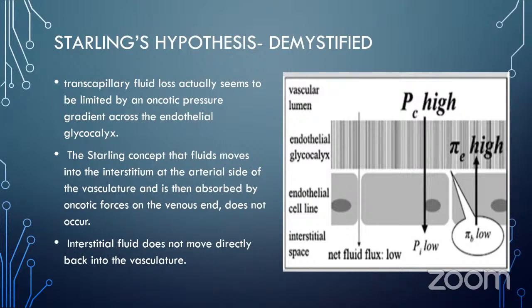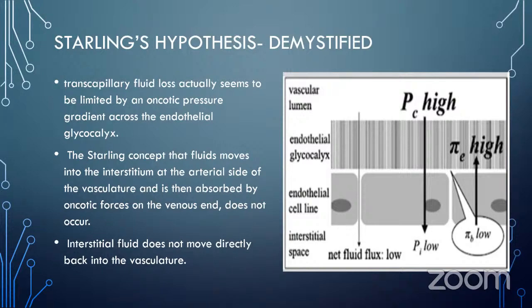But this Starling hypothesis was demystified because probably he didn't know that there is an endothelial glycocalyx. Transcapillary fluid loss actually seems to be limited by an oncotic pressure gradient across the endothelial glycocalyx.